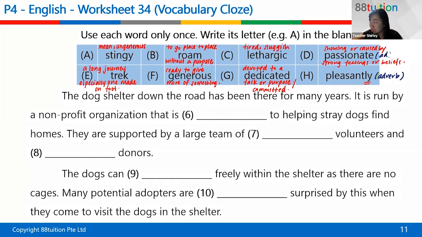Passionate is actually an adjective, a descriptive word. Okay, lethargic, all these are actually adjectives. Okay, dedicated is also an adjective. Okay, generous is also an adjective. Stingy is also an adjective. Okay, roam and trek, they are both verbs.